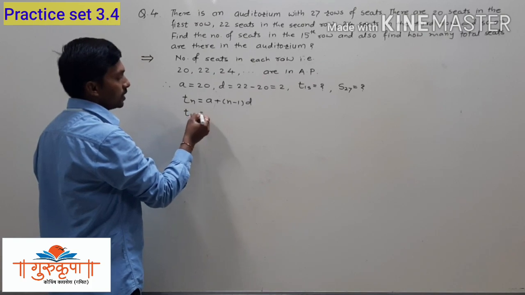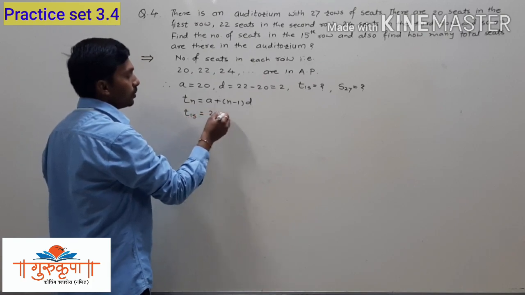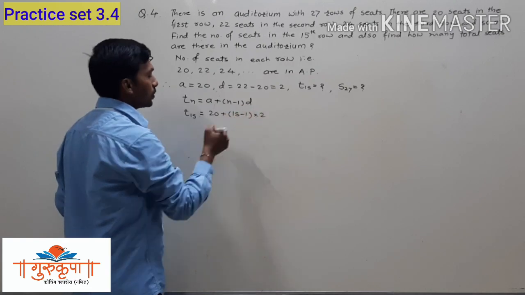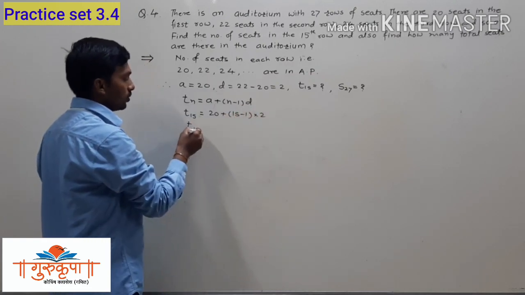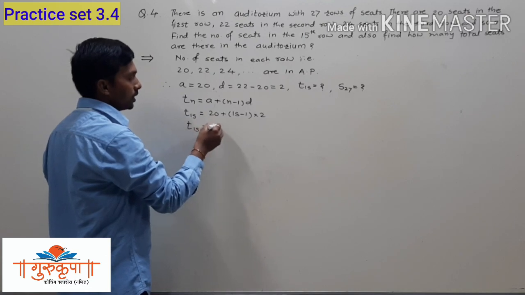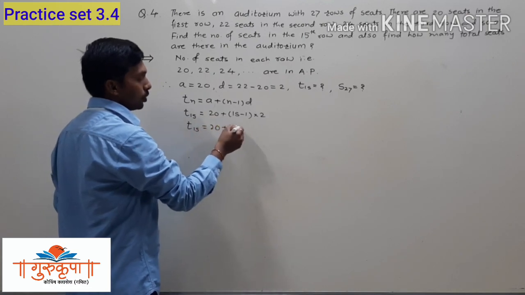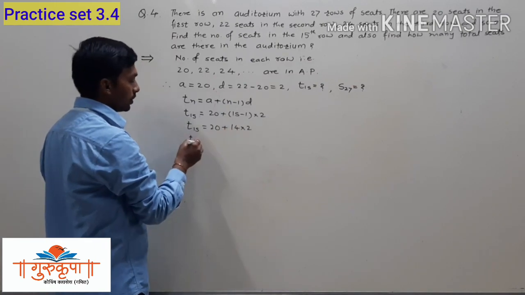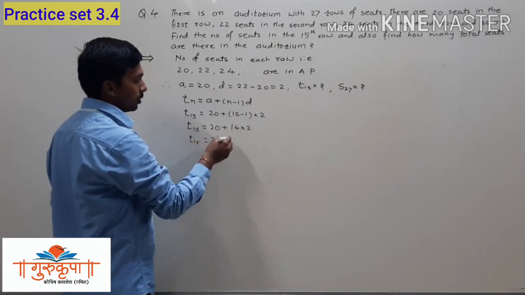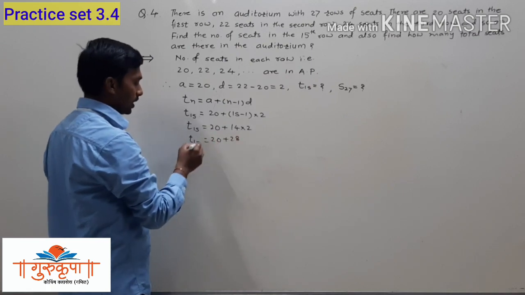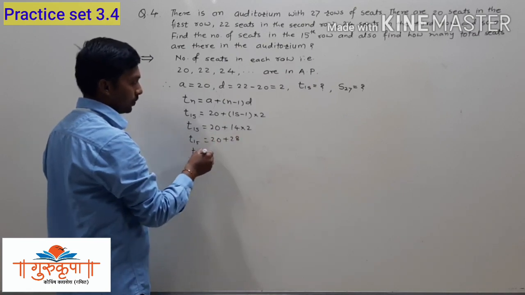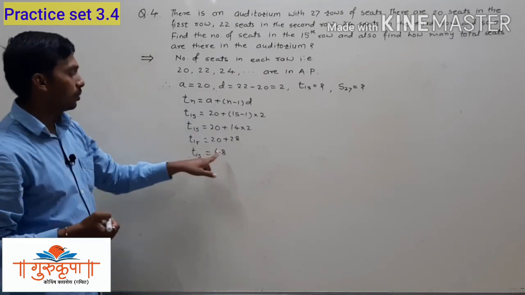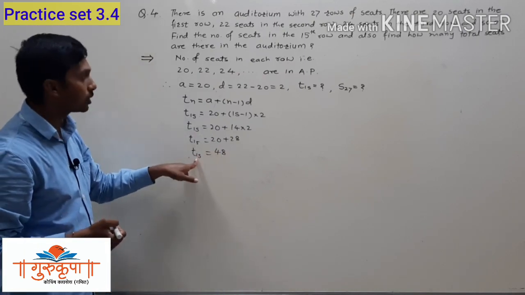T15 is equal to 20 plus (15 minus 1) into 2. So T15 is equal to 20 plus 14 multiplied by 2, that is 28. T15 is equal to 20 plus 28, that is 48.